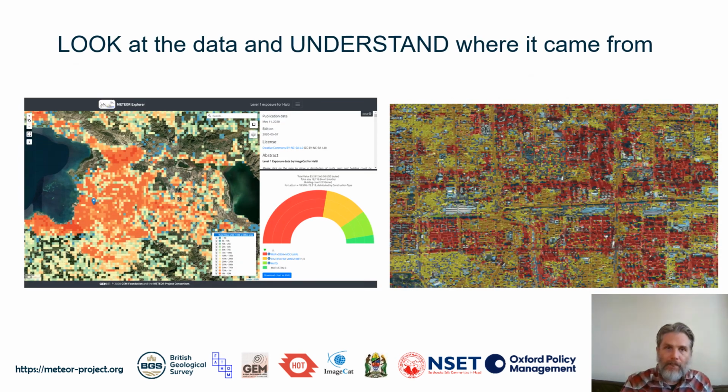But I would argue that the most important thing to do for validation is to look at the data and understand where it came from. That's going to give you, because of the complexity of the analysis required to come up with these exposure data sets, and the infeasibility of coming up with an error for every part of the chain, and determining what the error is for the whole process without going through something as rigorous as we did for Los Angeles.